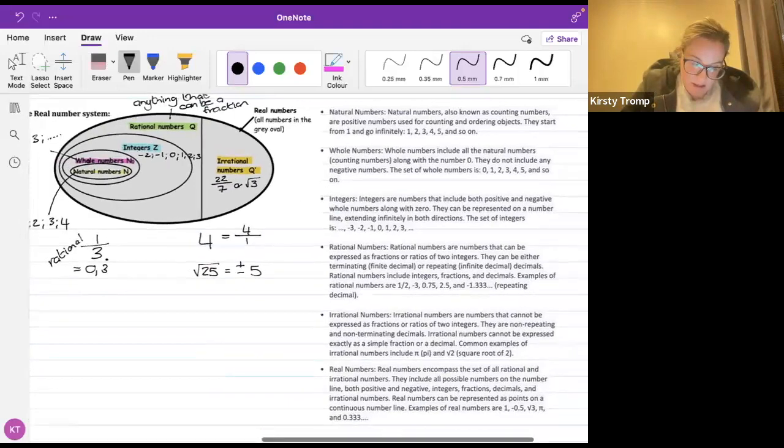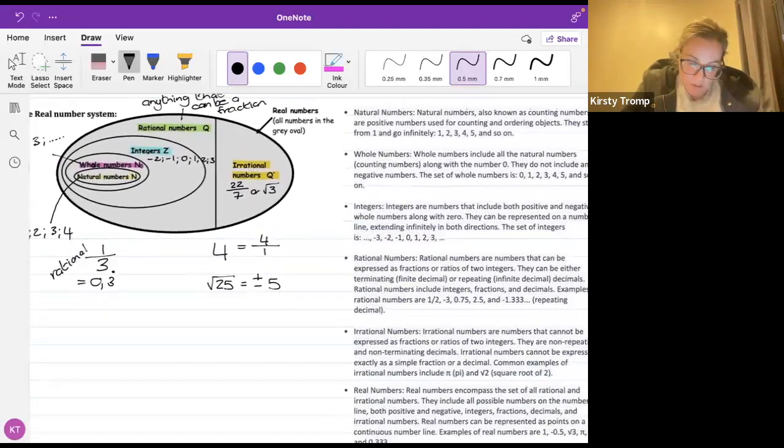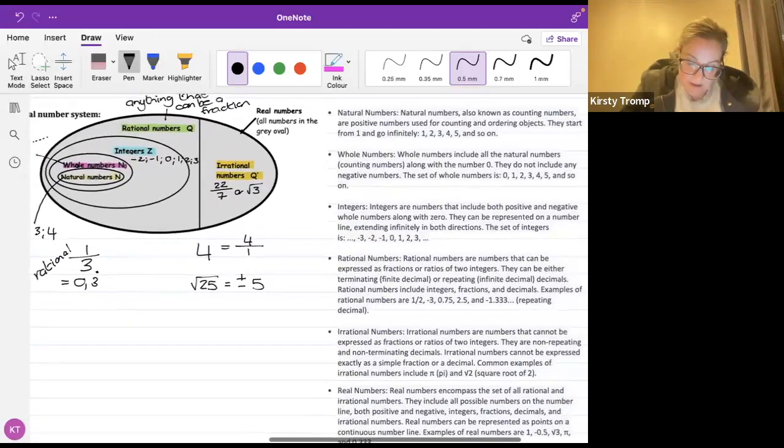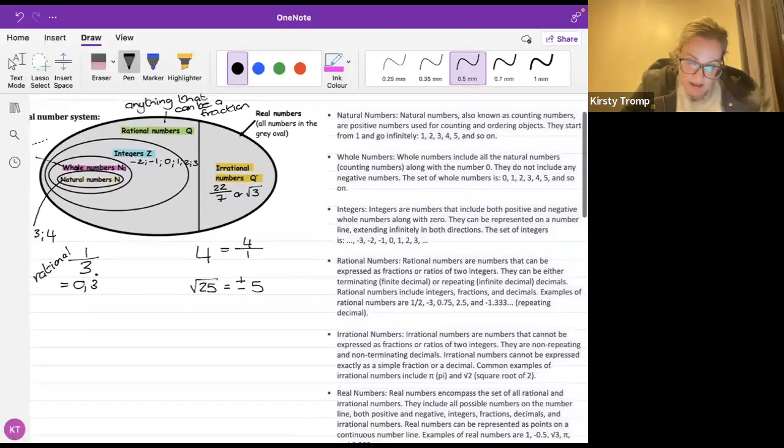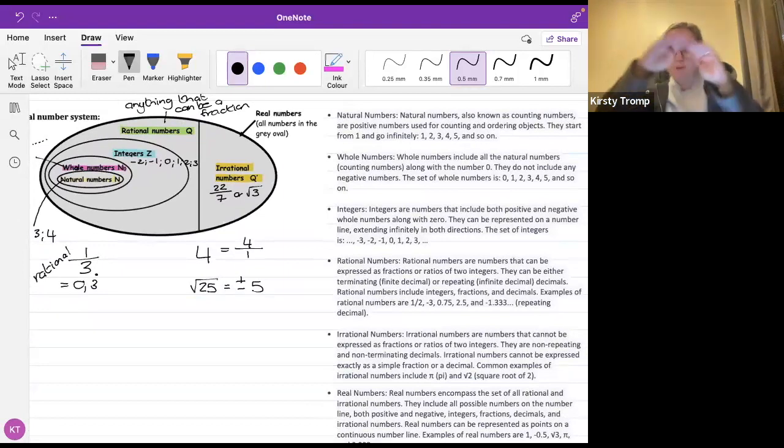I'll make it a little bit smaller for you with that drawing so that you can take a really nice screenshot. What do we call everything that's inside that circle? We call everything inside that circle real numbers.